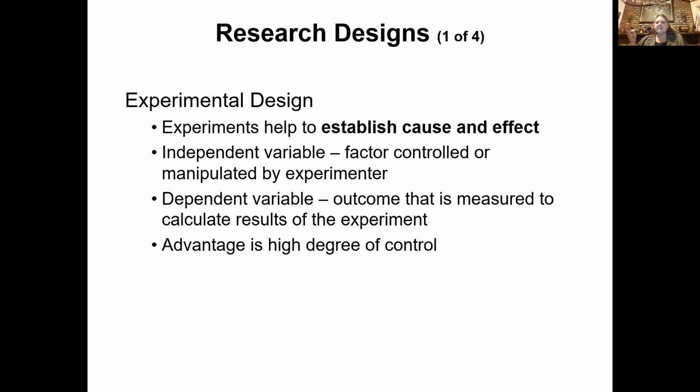It was actually a memory test, so how well they remembered the maze was measured by how quickly they ran through it. So the dependent variable in my experiment was the time it took to run through the maze, which is the outcome that is measured to calculate the results.